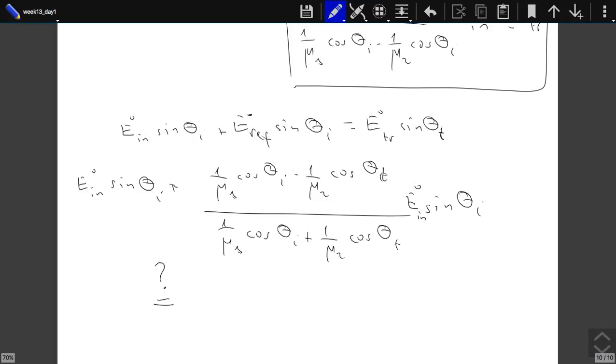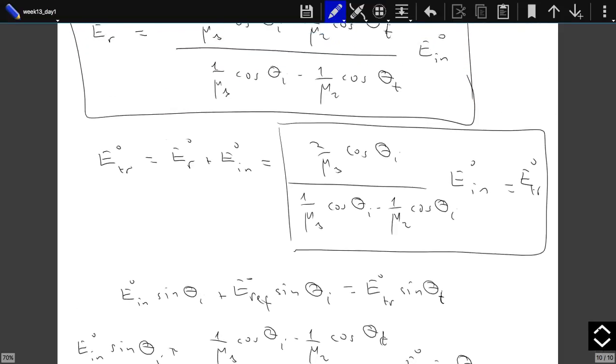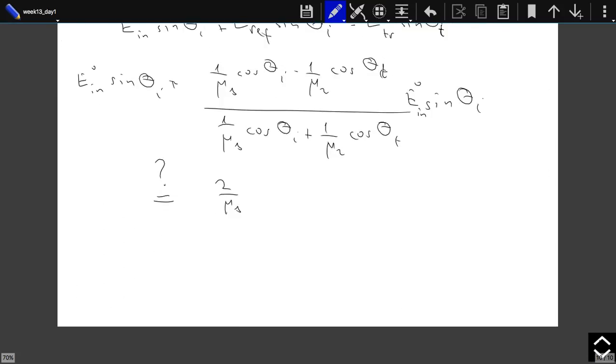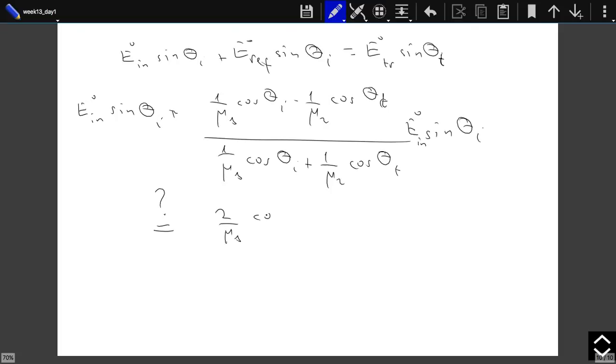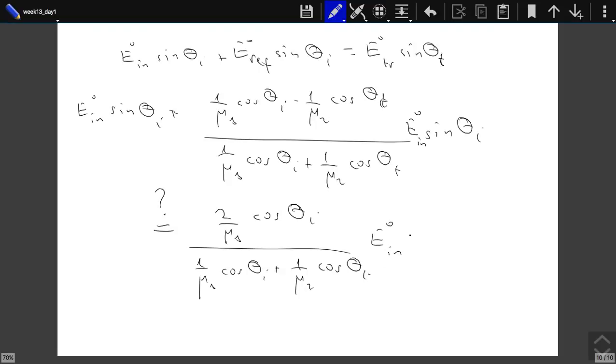Is this equal to E transmitted? We also know E transmitted. Two over mu1 cosine theta I over 1 over mu1 cosine theta I plus 1 over mu2 cosine theta t times E incident sine theta t. Will this be satisfied?